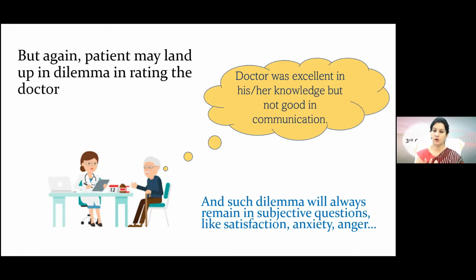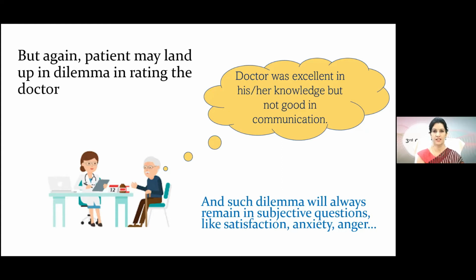So such a dilemma always remains in questions where you frame your questions in a 5-point scale or 7-point scale, especially if you are measuring some abstract thing. You are not measuring hemoglobin, you are not measuring creatinine level. All these are objective because it's a blood measurement. But satisfaction, anxiety, anger, happiness, quality of life. Although we have a tool for quality of life also, still many a time people go with the broad-ended questions and do not want to use any scale.